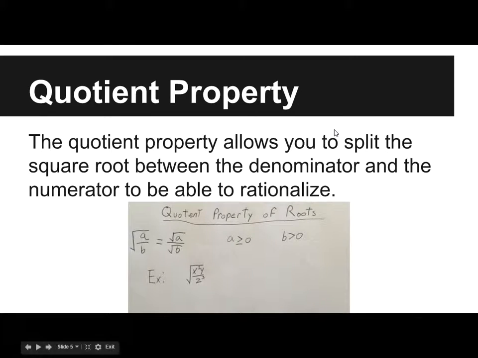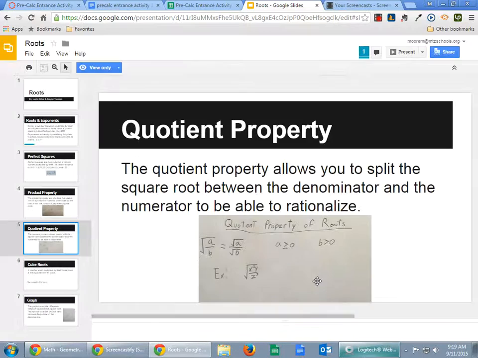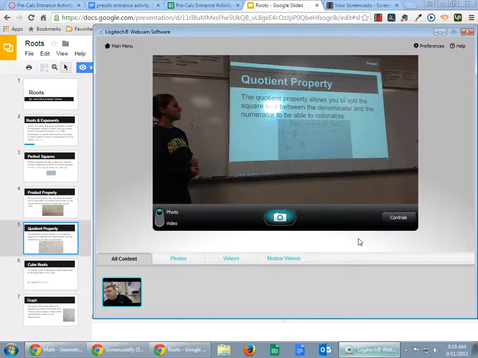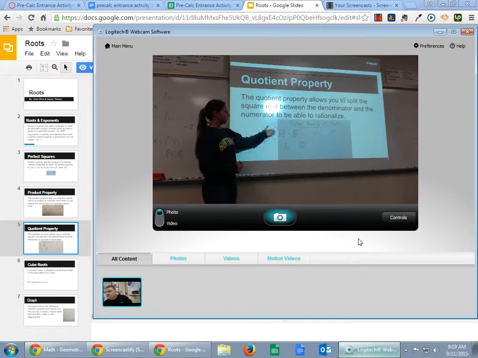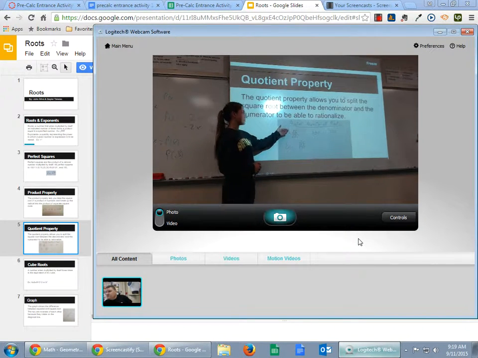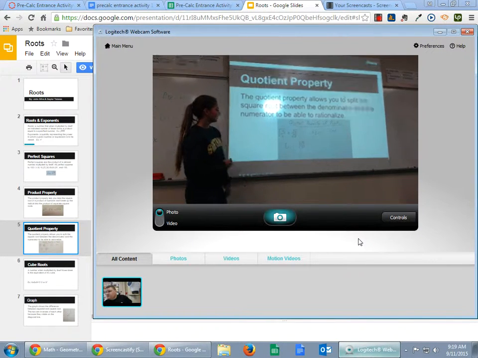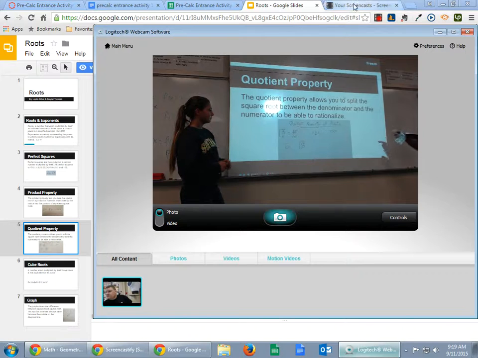The quotient property is the exact opposite of the product property. It allows you to split the square roots between the denominator and the numerator to be able to rationalize it. So the square root of A divided by B can be broken up into the square root of A divided by the square root of B. And A always has to be greater than or equal to 0, and B always has to be greater than 0.